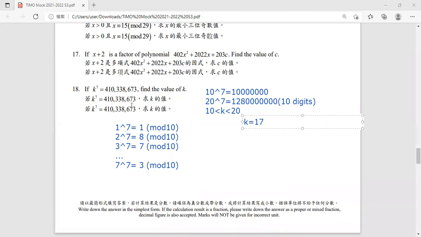If there's a three-digit number, but in the competition, the number will not be so large. But you can do it yourself. What you can do is that you have the range.